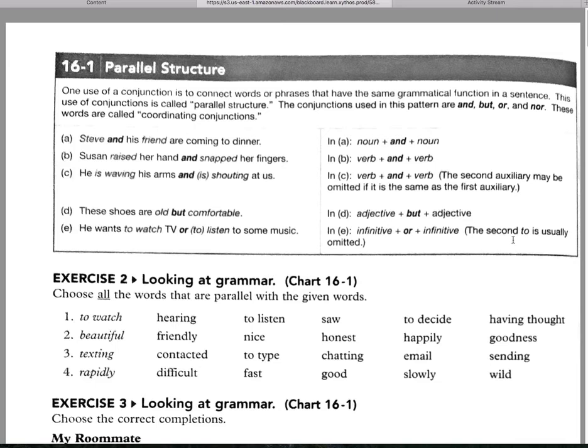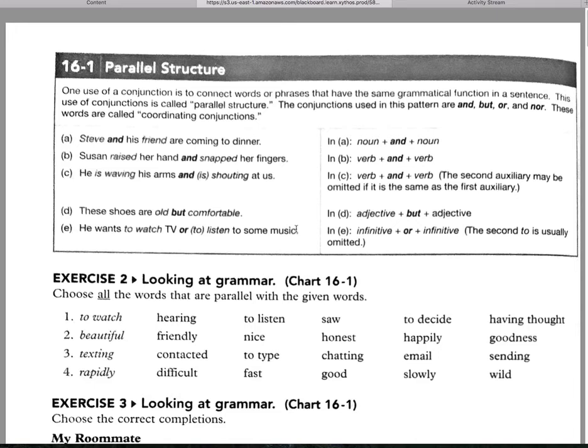The second to is usually omitted, again like in letter E, because you're using two infinitives connected with a conjunction. You don't have to repeat the second to, okay? So you can say he wants to watch TV or to listen to some music, or he wants to watch TV or listen to some music, okay?